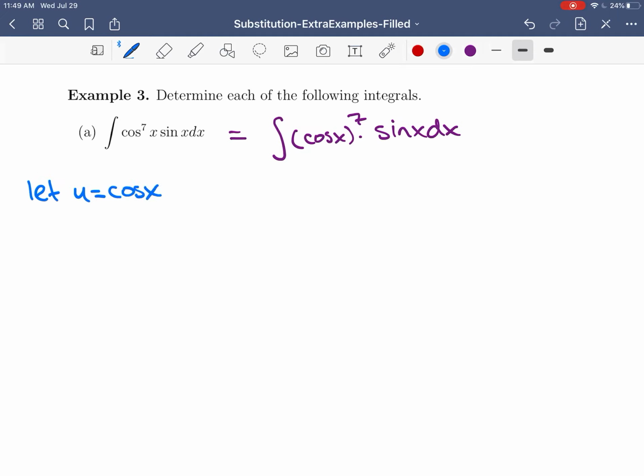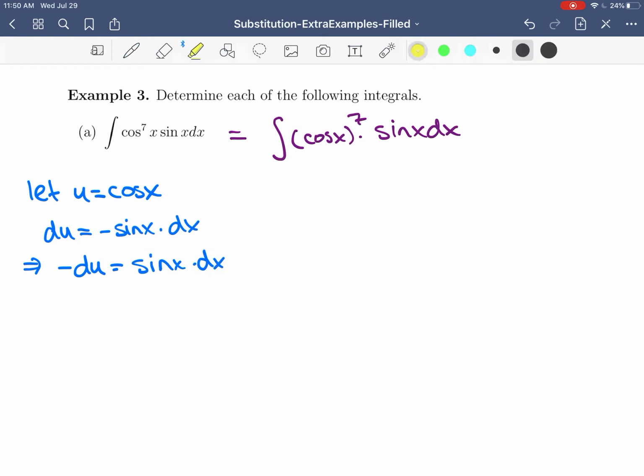Let u be cos x. Then du is the derivative of cosine x, which is negative sine x times dx. And I actually see sine x dx. If I move the negative over, negative du is exactly sine x times dx. So this part is my u, and sine x dx is negative du.